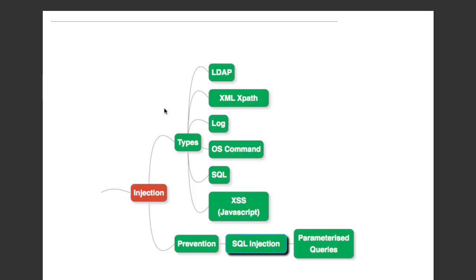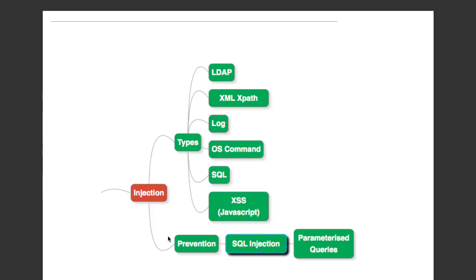Log: if you are taking whatever data is coming from the user and putting it into the log, that also can be one of the kinds of injections. OS commands: if you are asking users to input some data and you're using it to execute a specific OS command, that can be abused as well. And we'll also look at another kind of injection called cross-site scripting, which is related to JavaScript and the front end, a little later.